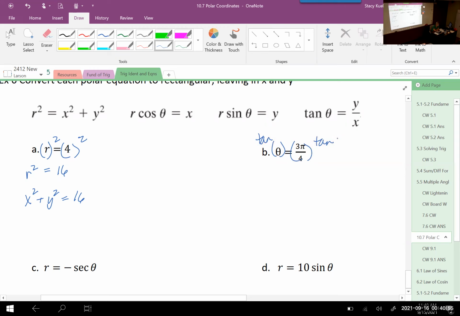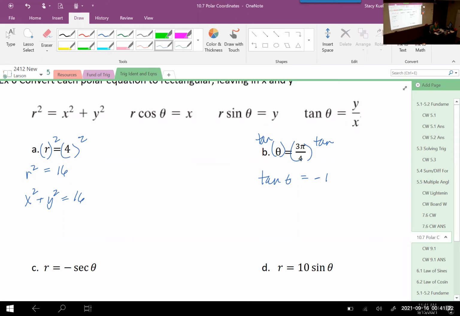That gives me tan theta on the left equal to, what is the tangent of 3 pi over 4? It's going to be a form of 1. We're in the second quadrant, so we would be at -1.